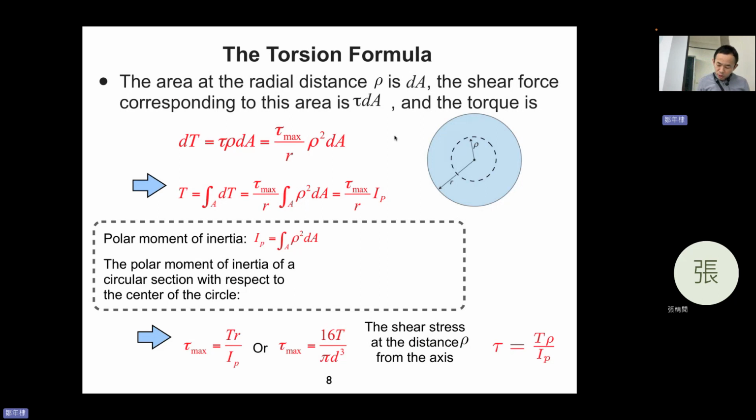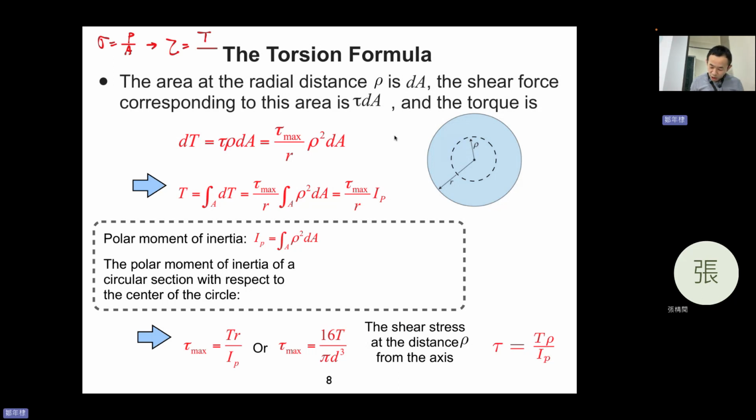What is the torsion formula? In chapter 2, we have sigma equal to P divided by A. Now, how about tau?